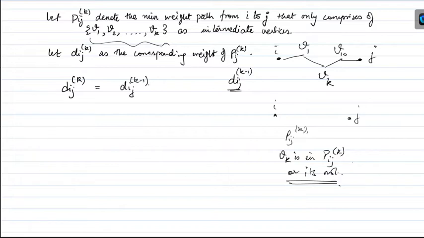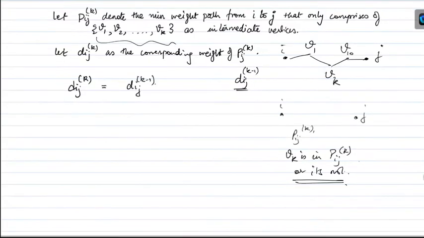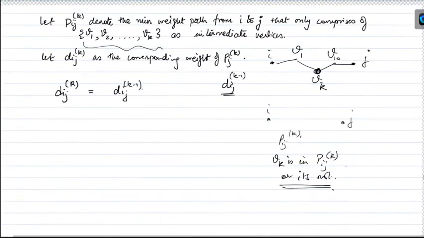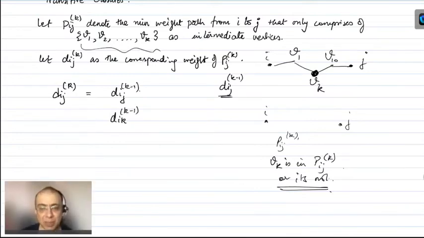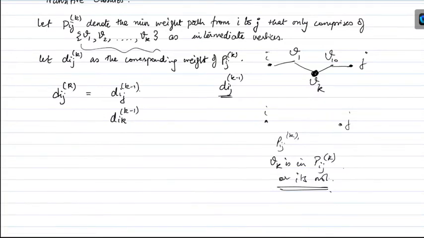Yeah. And what if actually vk appears in this path, as in this example, right? If vk appears in this path, then I can say that Dijk will be equal to, well, there's a path from i to k. Well, what are the intermediate vertices? All the other vertices other than vk are coming from the set v1 through vk minus 1. So the path from vi to vk, sorry, this should be vi, vj, right?